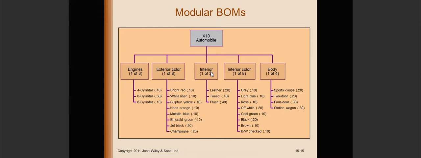We have the engine, with three options: 4-cylinder, 6-cylinder, and 8-cylinder. During the production process, we can only choose one option for each component: engine, exterior color, interior color, and body. This provides a variety of products with different specifications.